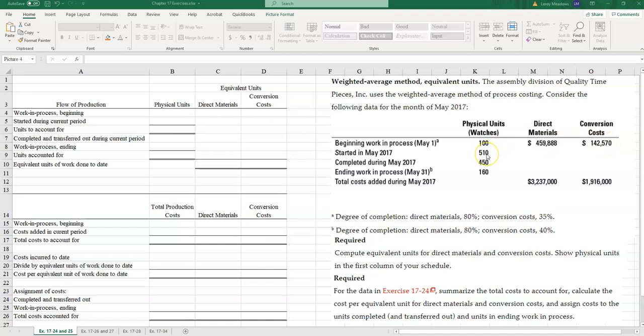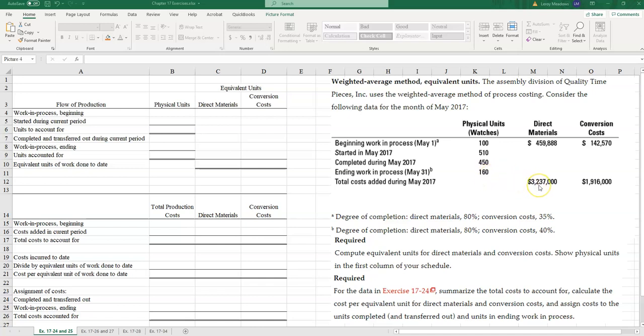We started this month 510 additional units. Of the total amount that we had from beginning work in process and started in May, we completed 450 units, and we had 160 units in ending inventory.